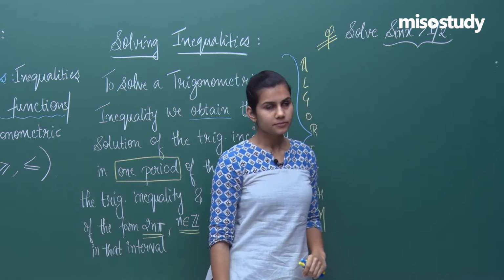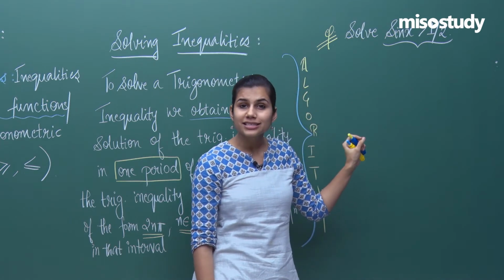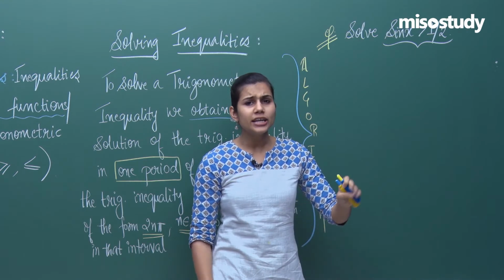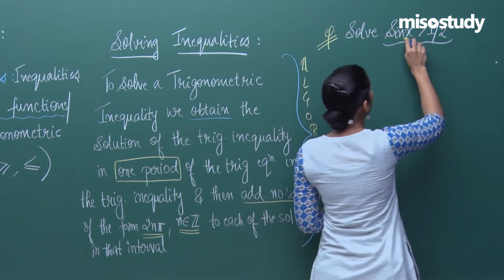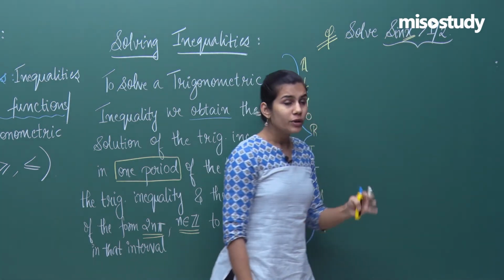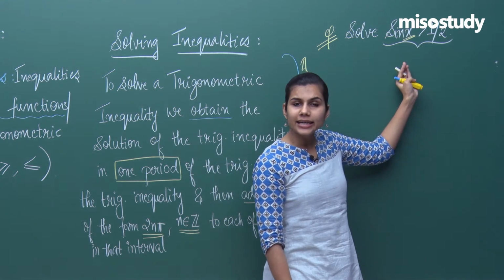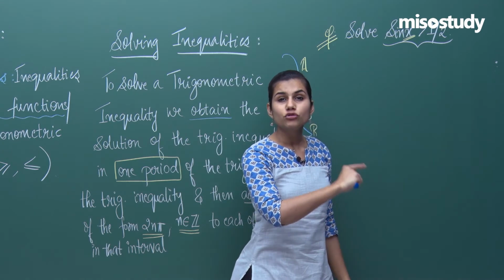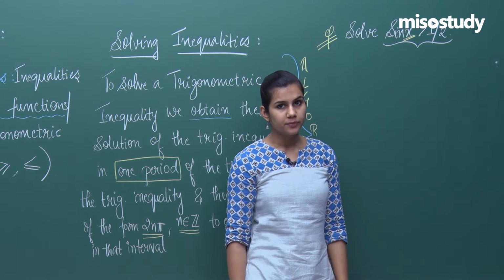If I am asking you to solve this, that means I am asking you to find each and every value of the unknown angle x which, on getting plugged into sin x, comes out to be strictly greater than half.